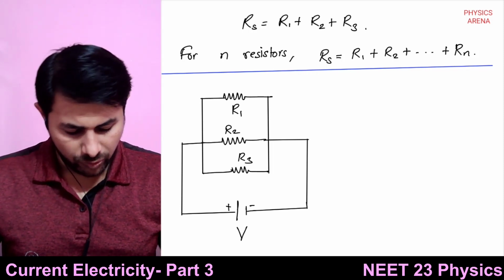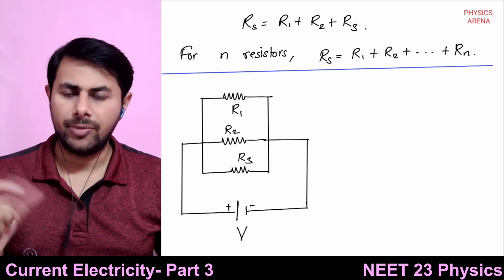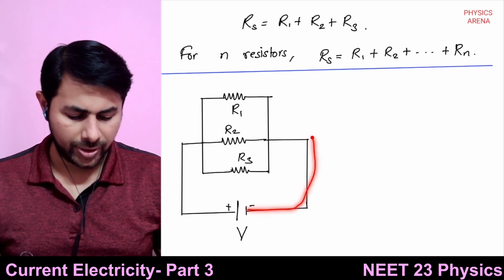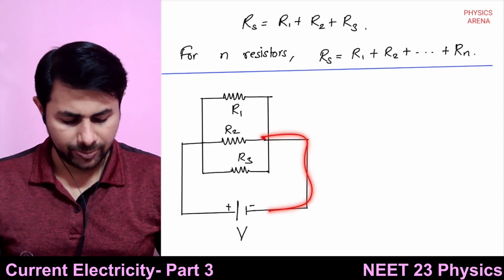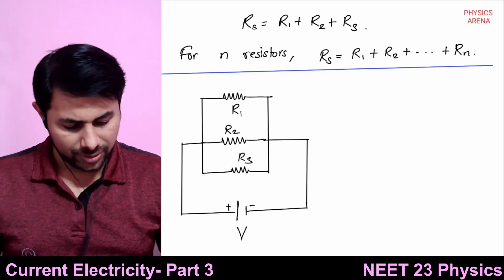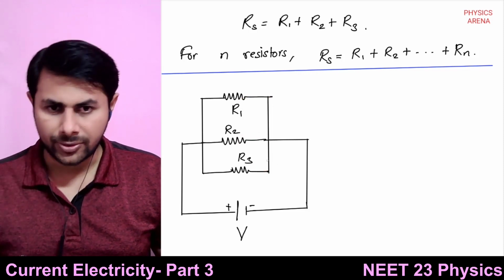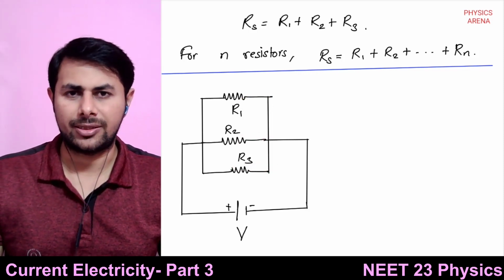Now we can think of some electrons coming from here. They come till this point, and at this point they have three paths to go. Some will enter this path, some will enter this path, and some will enter this path.